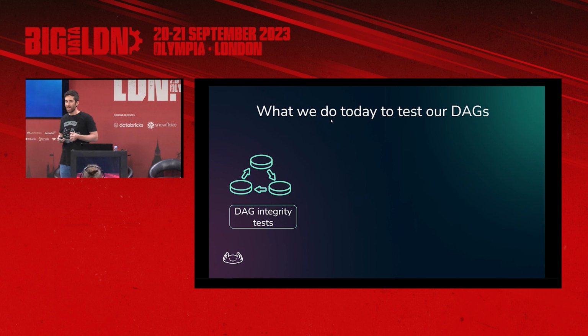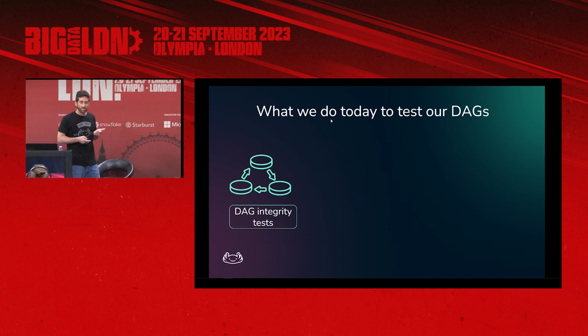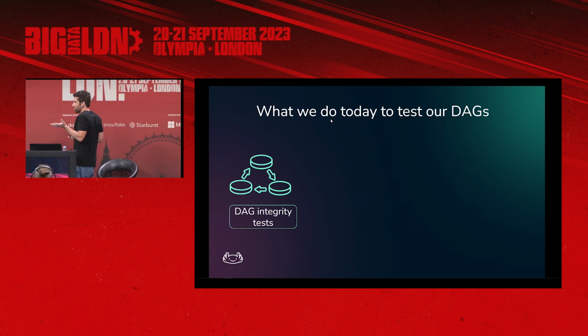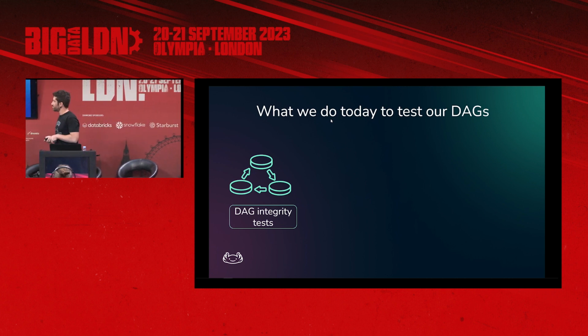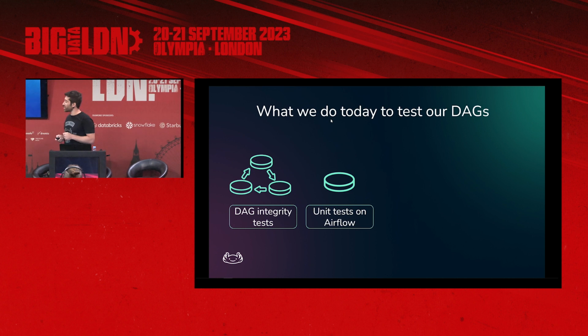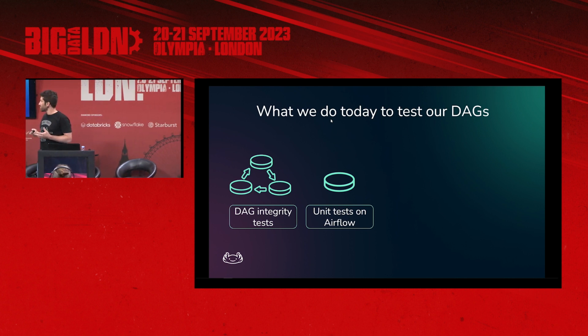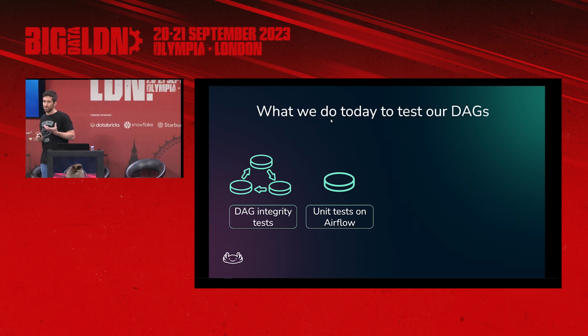So we would check that the DAG is free of cycles, that it loads without errors, and that it adheres the guidelines set to us by the project or the organization. The second would be unit testing. We will test each part of our DAG independently, such as tasks or operators. We may even choose to use tools like Docker to make our tests even more comprehensive.